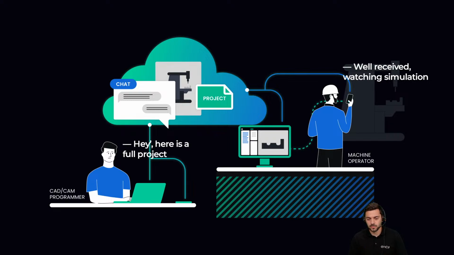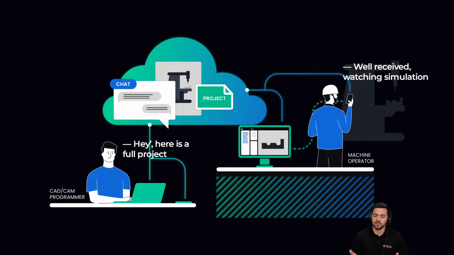Thanks to compatibility between ENCY and ENCY Tuner, the machine operator is able to just open the project in ENCY Tuner and watch the full simulation without spending time on creating this project.